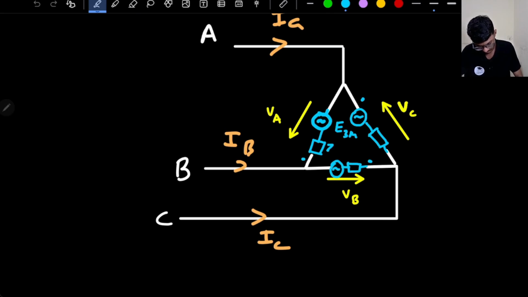Let's assume the third harmonic impedance also will be the same only. Let's assume it has Z3, Z3 and Z3, and this is E3M. One thing I observe: this is a closed loop, and I know that both of them will be in the same phase.